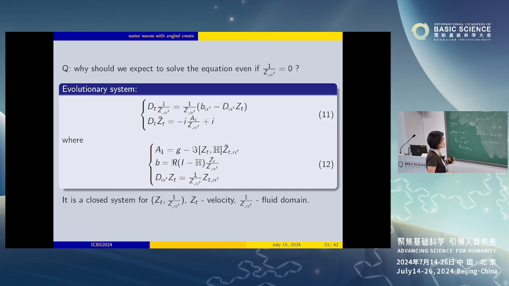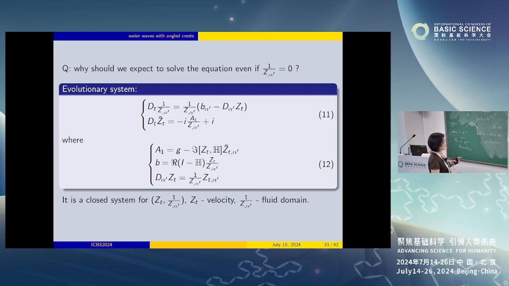So these are the two unknowns involved, and if you look at the evolution of 1 over Z_α, you get something like this. This is just a computation we did some time ago, so I just quickly write down the formula. It's easy to compute. You look at the evolution of 1 over Z_α bar, you get this. A_1 is this. You see the right-hand side makes perfect sense. It's a function of Z_t and 1 over Z_α only. You never see Z_α itself, okay?